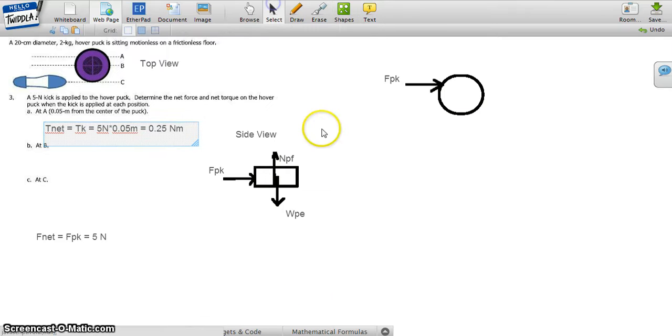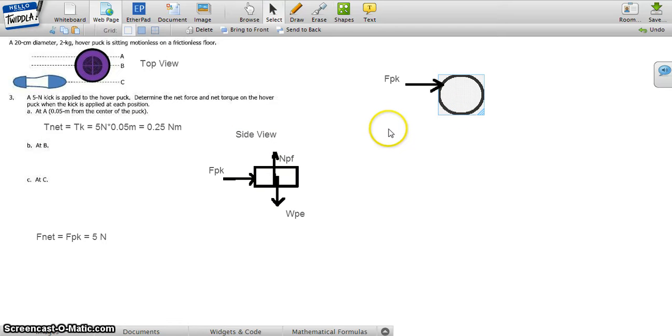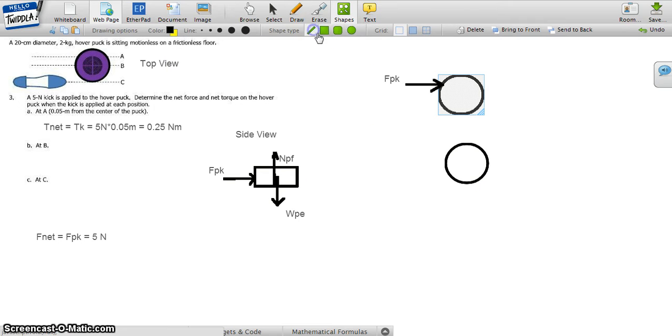Okay, so then at B it's going to go right through the center. So this is what it would look like for B. We have again the hover puck, and we have that same force, but it's applied right through the center.